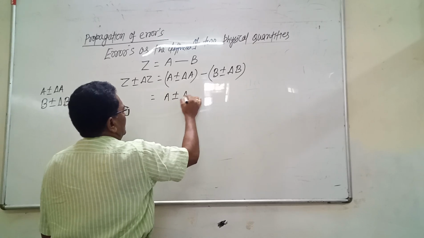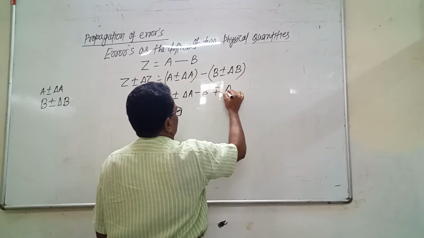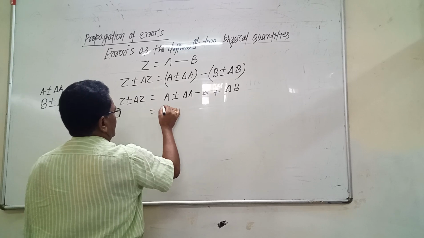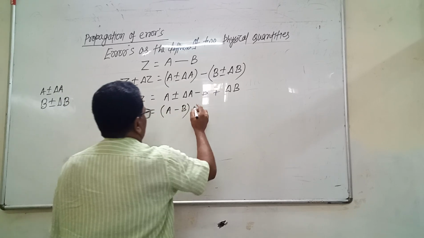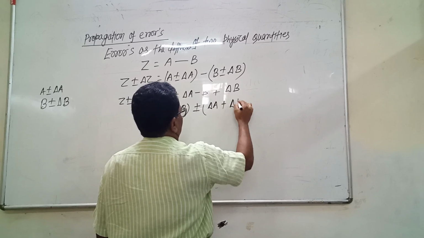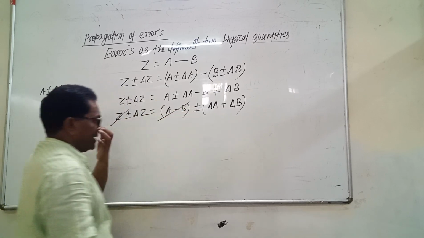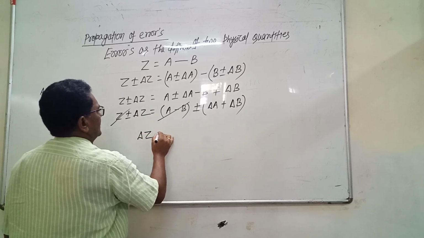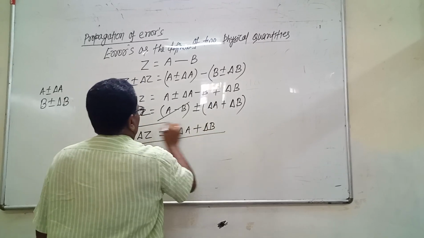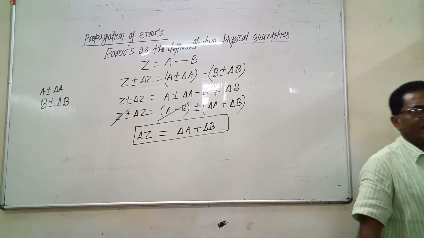A plus minus delta A minus B, minus plus minus and minus minus plus, so minus plus delta B. This is Z plus minus delta Z. Now this is written as A minus B and plus minus delta A plus delta B, and this is Z plus minus delta Z. Again Z and A minus B get cancelled, and the maximum possible error in Z is given by delta Z equals delta A plus delta B. So in a sum, errors are always added, and in a difference again the errors are added.